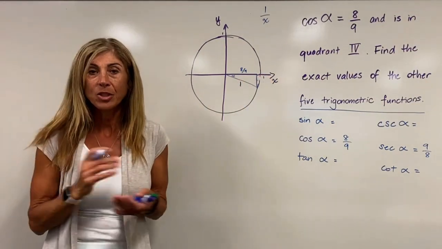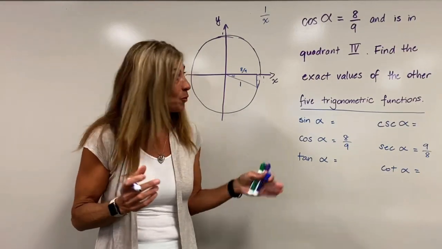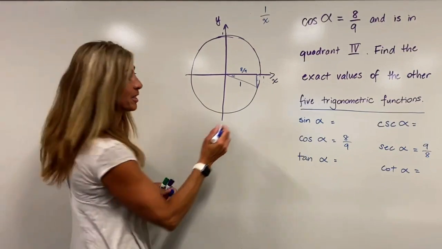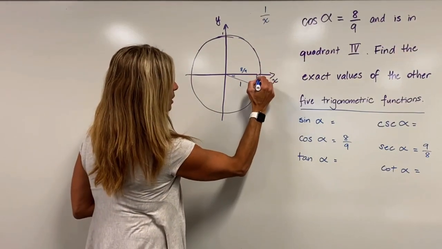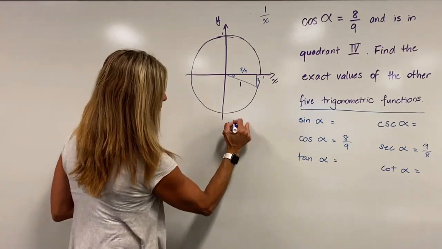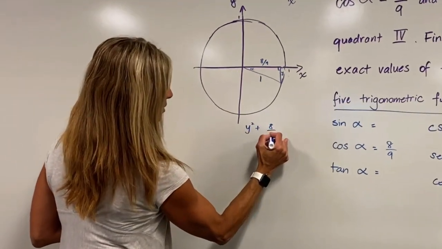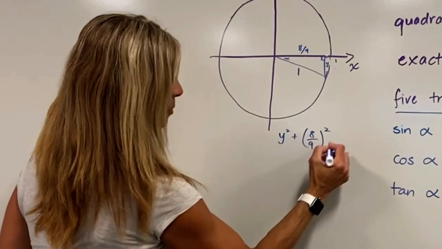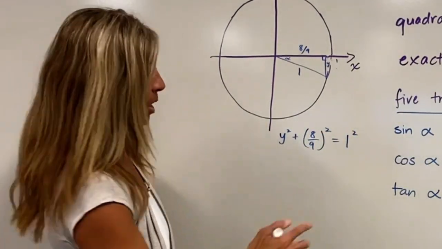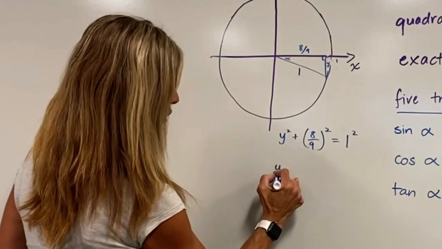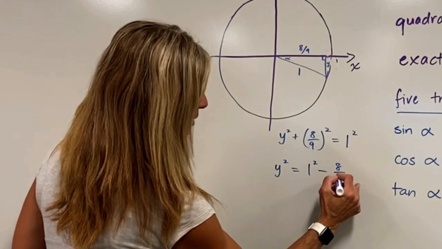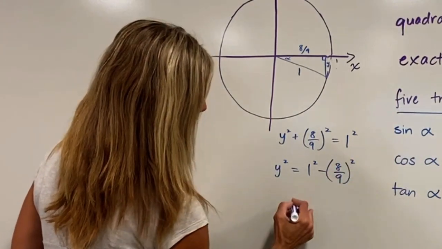So what information do we have and what can we use to figure out our vertical measurement? If you've said Pythagoras, you've nailed it. So we have our vertical measurement, which happens to be our y coordinate, plus that 8/9. What am I using here? Our Pythagorean theorem. So y squared, if I isolate y, is 1 squared minus 8/9 squared.